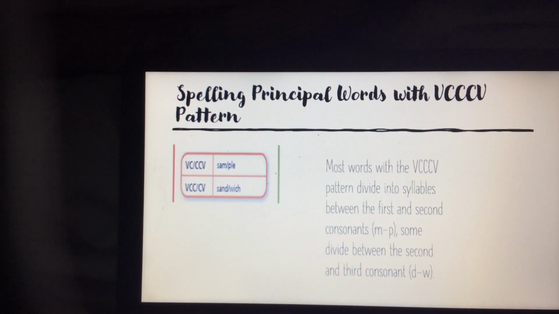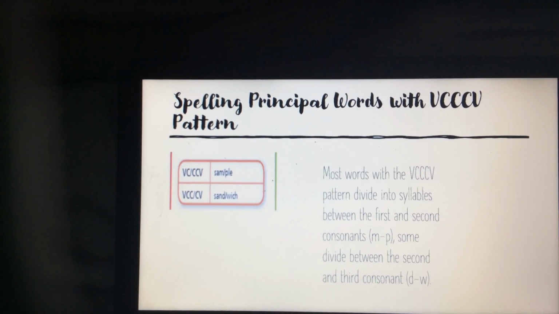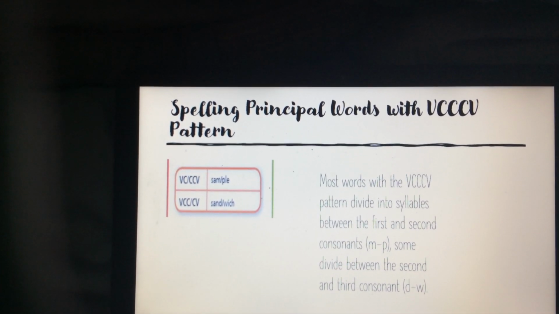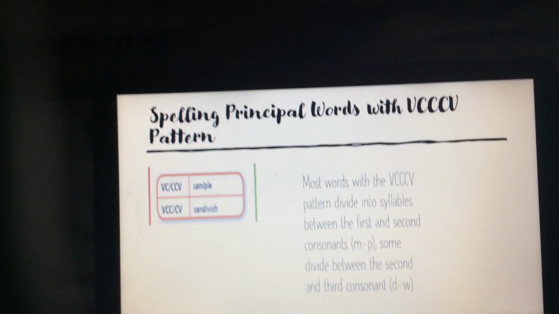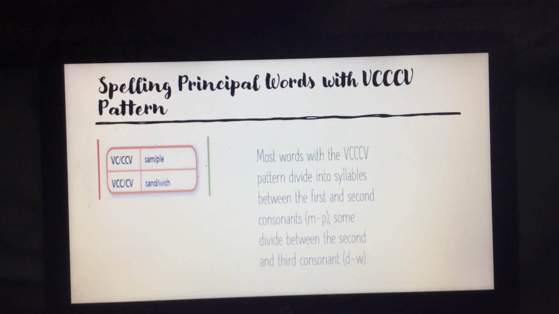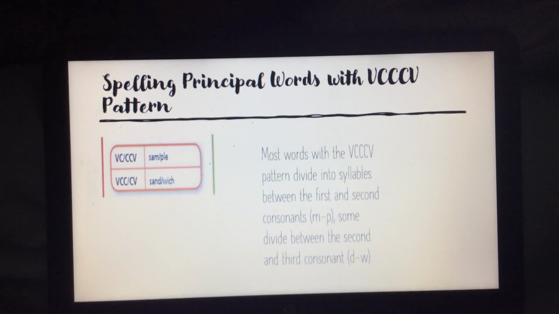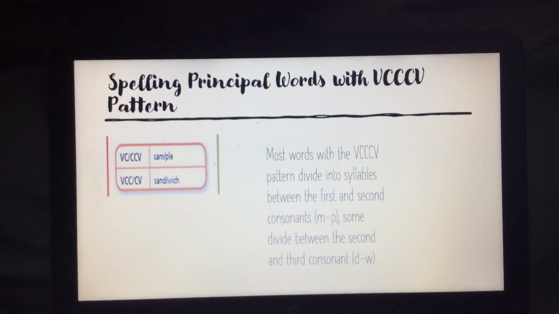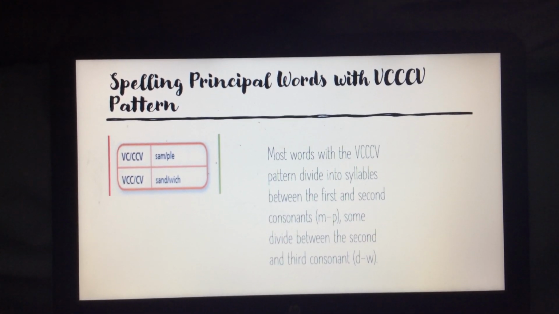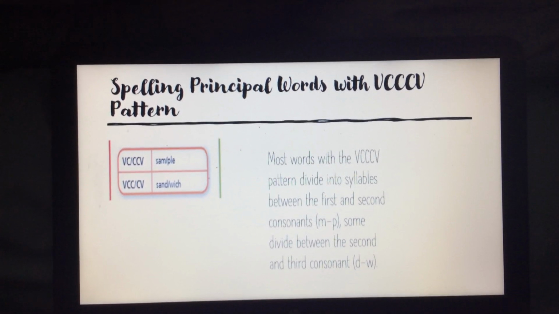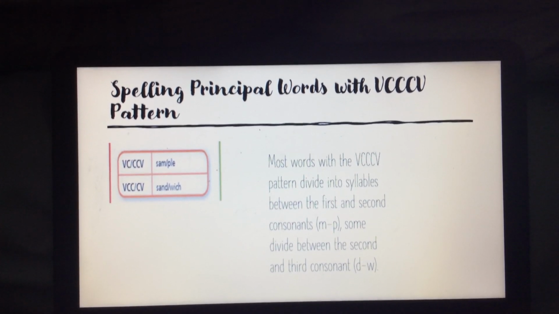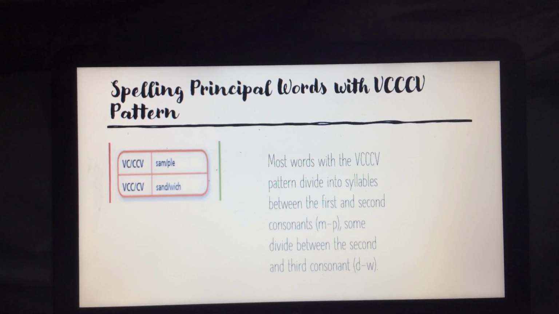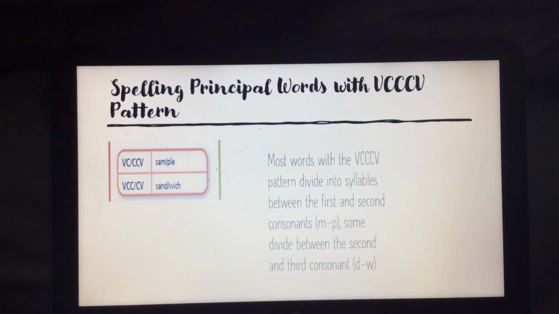If we look at our spelling principle, words with the VCCCV pattern, we have 2 examples here. For most words with the VCCCV pattern, we divide into syllables between the first and second consonants. If we look at the example sample, we see that it is divided between the vowel consonant of AM and the rest of the word PLE for the CCV.